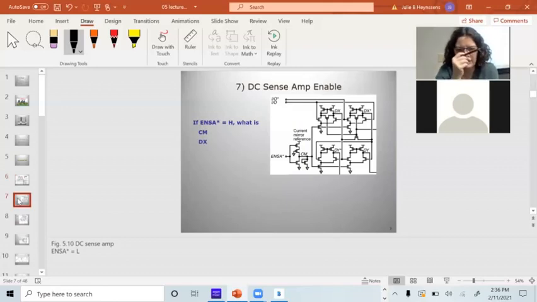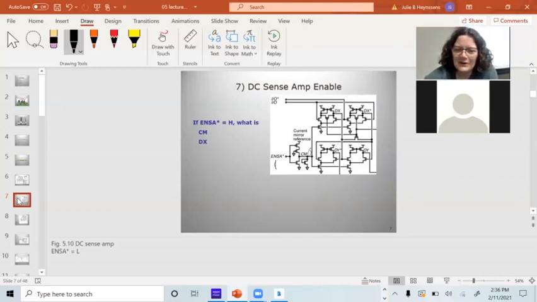Okay. Now, if enable sense amp is high, so if this is 1, I turn on this transistor, which takes the current mirror voltage to 0. When it's not common mode, it stands for current mirror in this application.